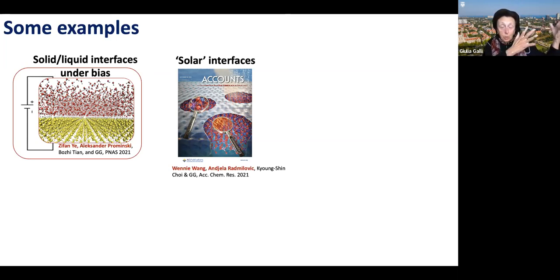For example, using all the machinery that I briefly sketched, we can do calculations looking at electrochemistry problems, looking at solid-liquid interfaces, that is a silicon surface interface with water, and do calculations even in the presence of electric fields. Or we can do calculations related to photoelectrochemistry. I didn't mention that on top of all these calculations, we could also do excited states of electrons.